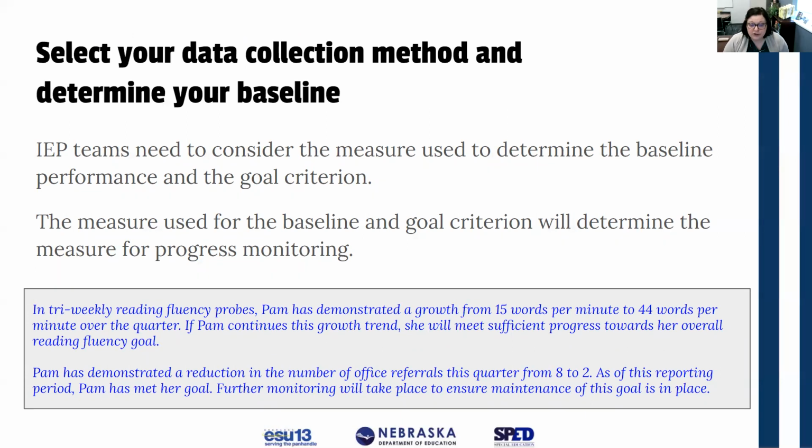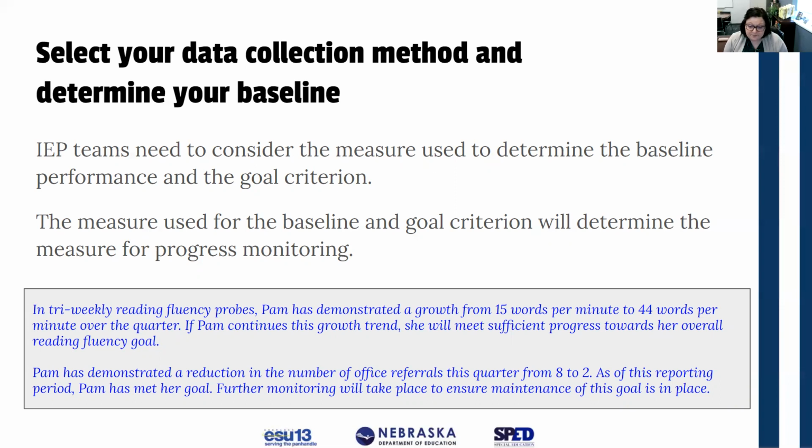We have to make sure that we have that baseline and the goal criterion to determine if we've made progress. We can't do that if we don't have those measurements. That should be noted also in the present level, and it should be noted within the goals. So we have to remember that the IEP is a connected system of all of these components.